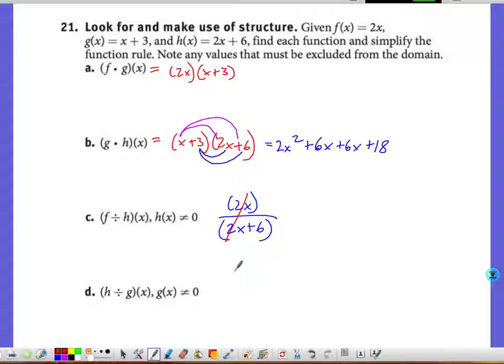You might want to cross out the 2x's. That's not going to be the case, because this 2x plus 6, they are together. You can't cross them out because they are in parentheses together. But here's the important thing.